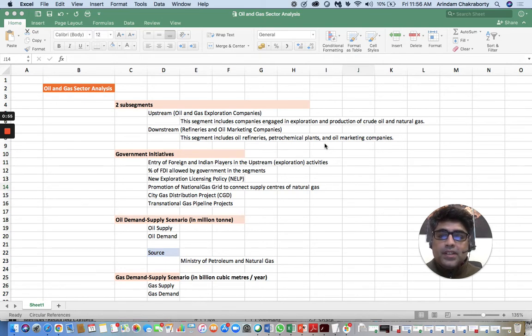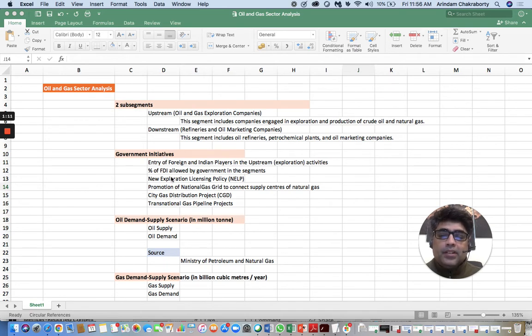We need to understand which set of companies these are, how they are performing, and how, as an industry, this is really working, right? The second aspect we should focus on is the government initiatives around this industry.